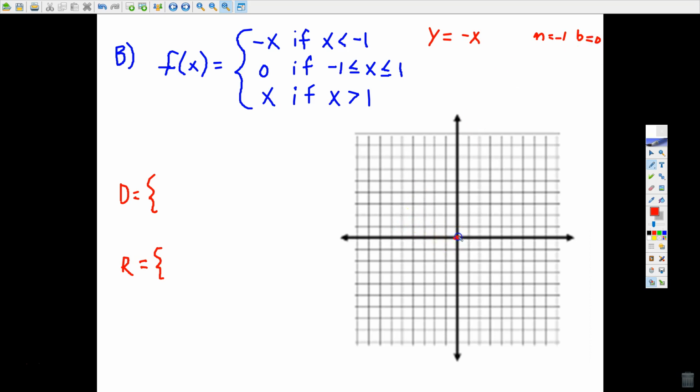So here's my y-intercept of 0. Here's slope -1. Okay, but I'm noticing that I can only draw this line for x values that are less than -1. Well, here's where x is -1.